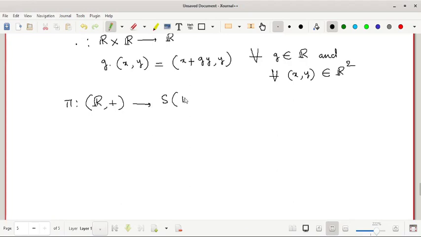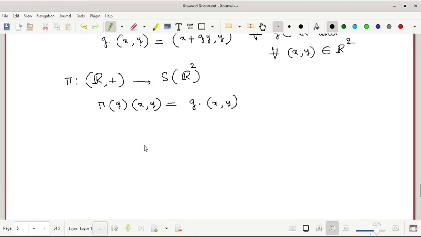so from R plus to S(R2), that is the group of all bijections from R2 to R2. How do we define it? We define it in this way: pi of g acting on any element (x, y) in R2 will give me g dot (x, y). I have to find out the kernel. What is the kernel?